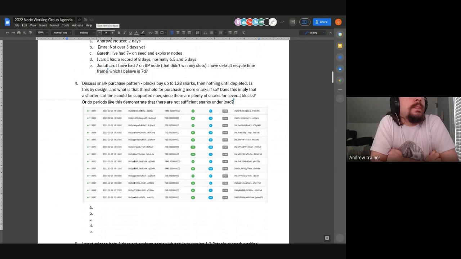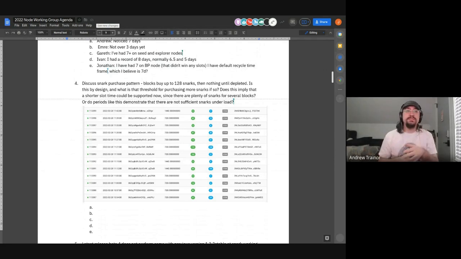And then I believe it tries to store up an entire tree's worth of SNARK work before it depletes them. And if there is not a huge queue behind that of additional SNARK work coming into the network or large amounts of things happening, then it will just take the first 128 and then wait for another 128 to fill up, and then it would take that and include it in a block.